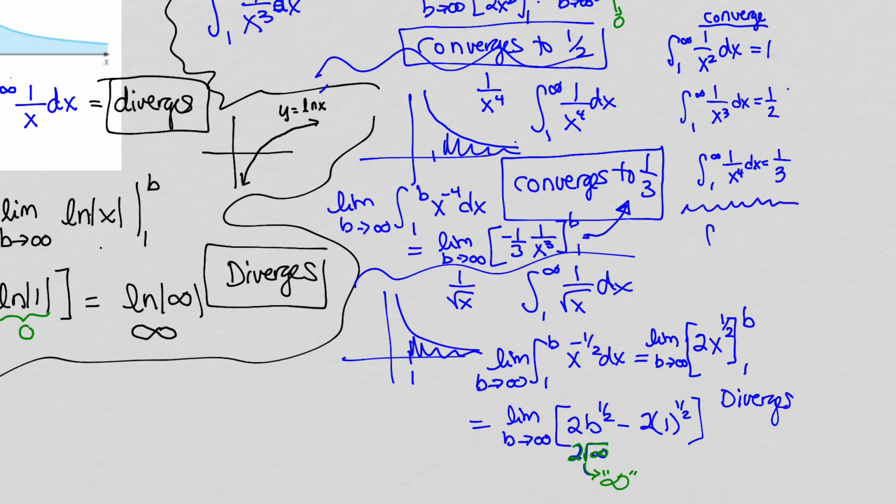But if we looked at 1 over the square root of x, we discovered that sucker diverged. And not only that, it had to do with the fact that this power here was smaller than 1. That actually lets us summarize something.